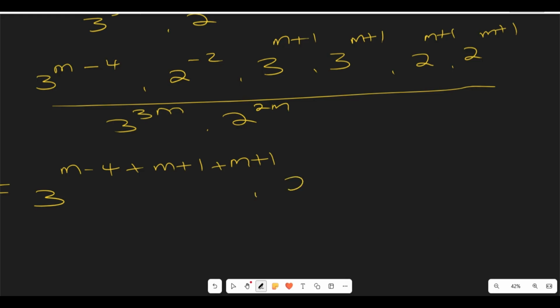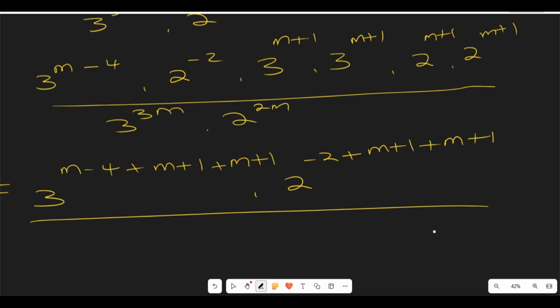So now let's multiply, say 2 to the power negative 2 plus m plus 1 plus m plus 1, divided by what? By 3 to the power 3m, right? Multiplied by 2 to the power 2m. So let's continue now.